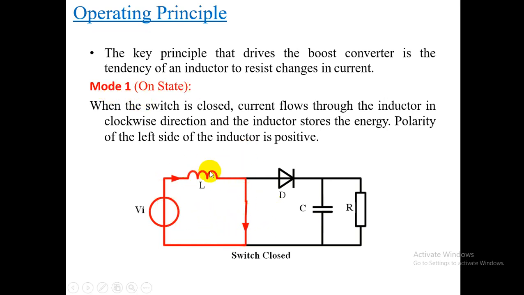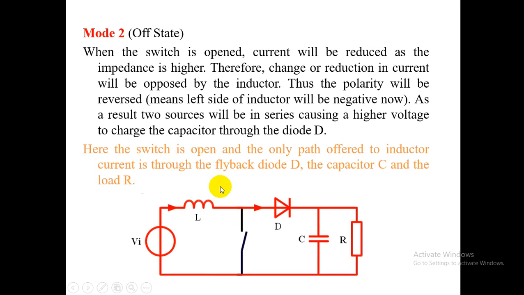If the switch is on, the inductor stores the energy through a closed path like this. If the switch is off, the voltage across the inductor and the source voltage are both adding in combination and giving supply to the resistive load. Thereby the output voltage is always greater than the input voltage.